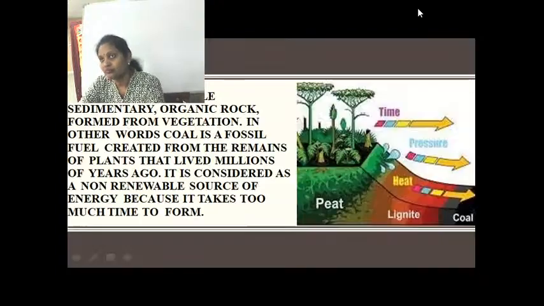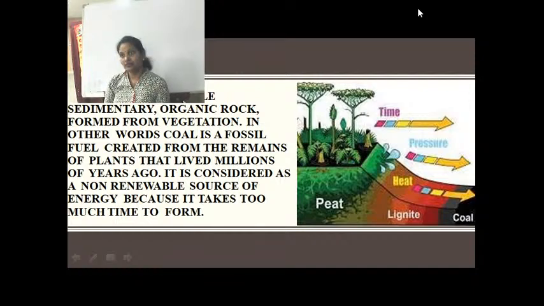Okay. Now here you can see the structure. In your textbook the structure of the deposit of coal is not given, but here you can see the diagram, and I will explain it. You can see the green-colored peat. This is when the organisms get buried under the earth, and peat is formed.